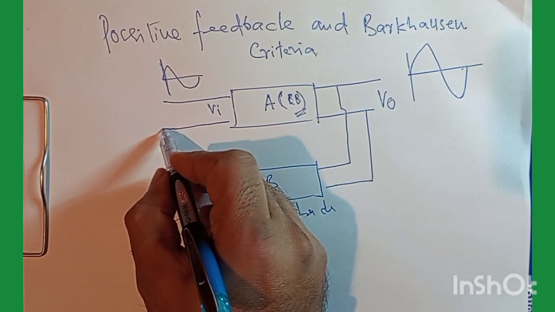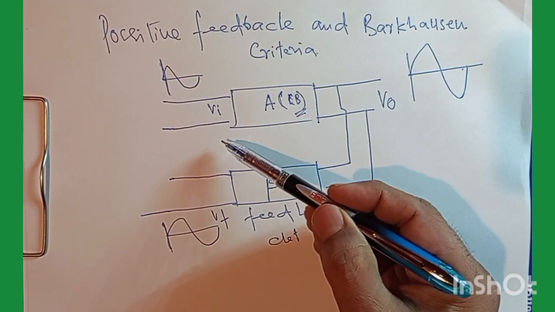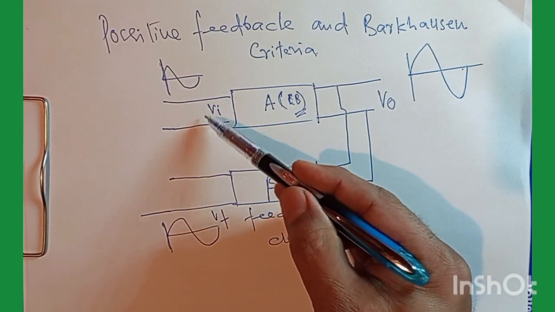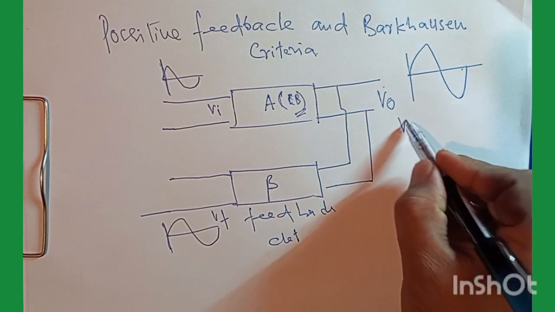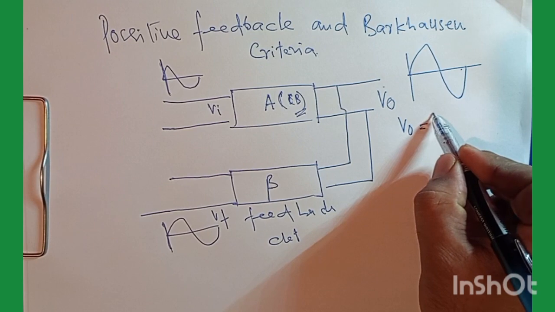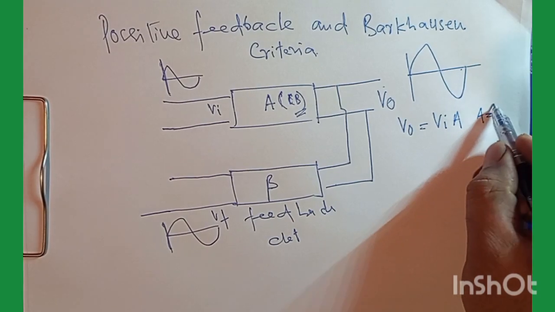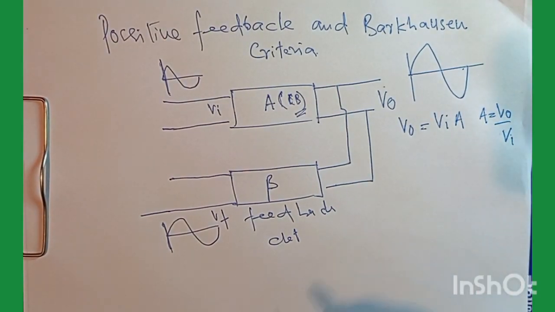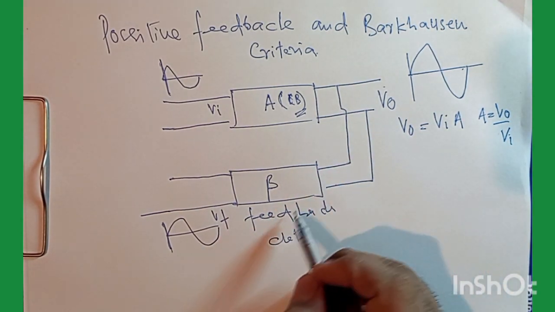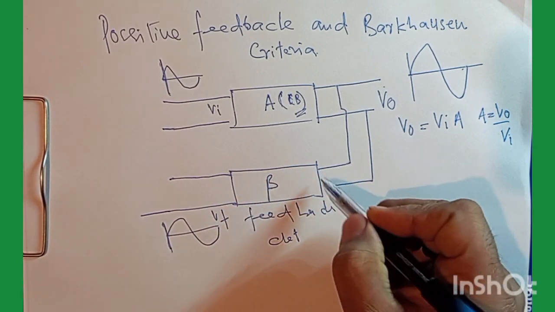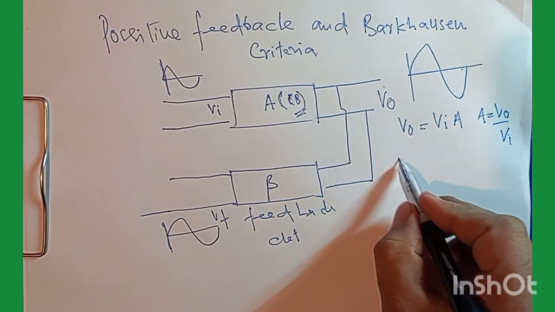Now the point is that if I start my loop from here, this is my input voltage VI, and here I'll get the output voltage. This output voltage will be VI times A. This is clear because the voltage gain is given by V out by VI. Proceeding in the same fashion, this V out will be the input for the feedback circuit, and VF I'll obtain here.